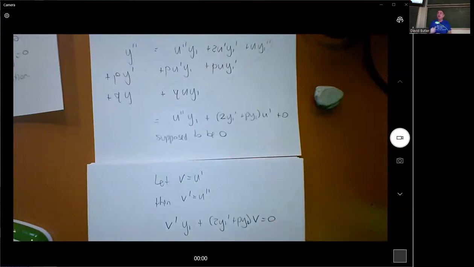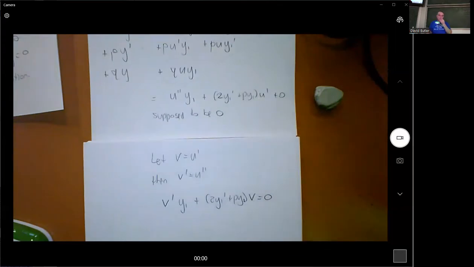Because this is a 0 here, I don't have to, but I can use an integrating factor. I would have to divide by the y1 to do that. But I can actually say v dashed like dv on dx.